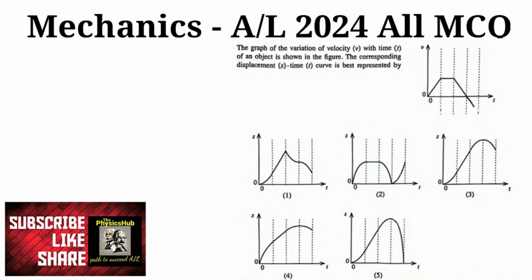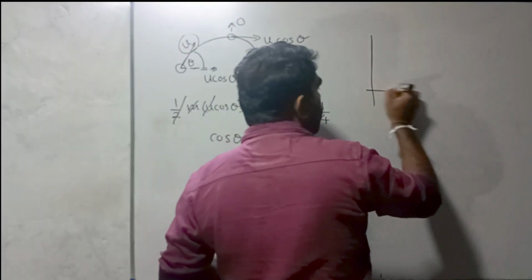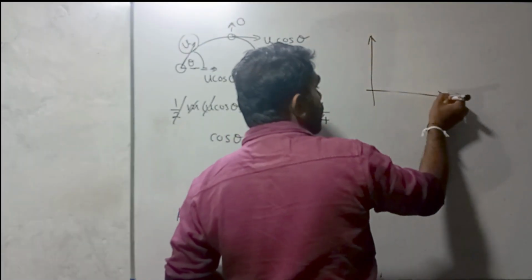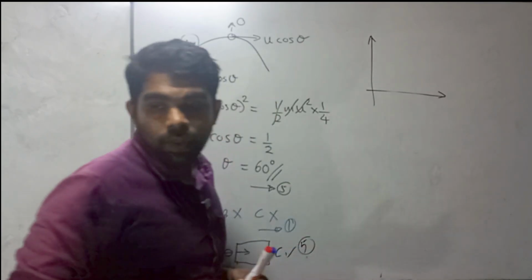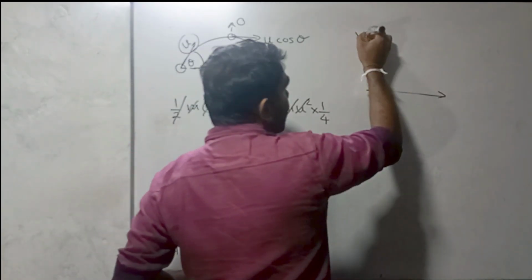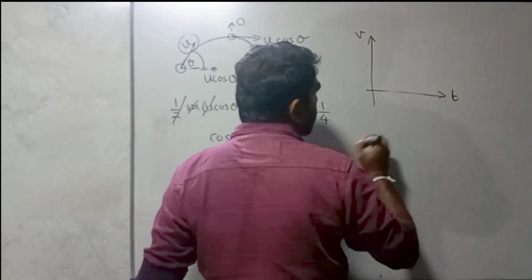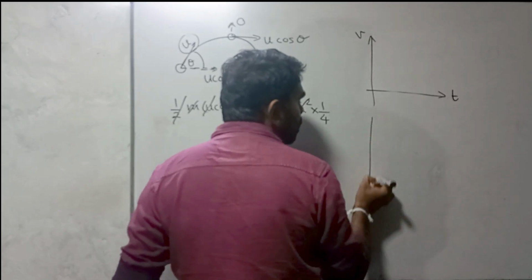Then question number 4. The graph of the variation of the velocity v with time t of an object is shown in the figure. The corresponding displacement-time graph is best represented by which? We can consider the given velocity-time graph. We know that velocity represents the gradient of the displacement-time graph.